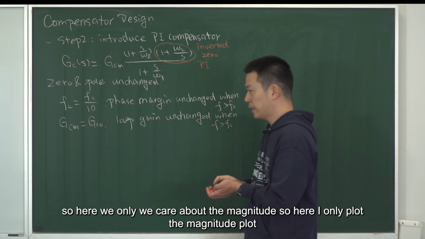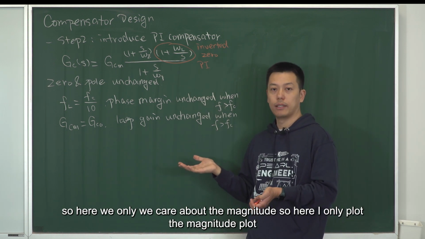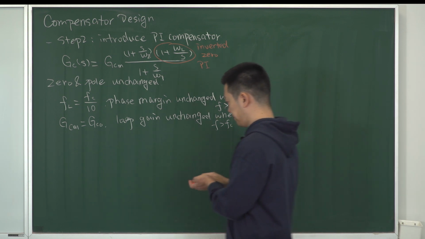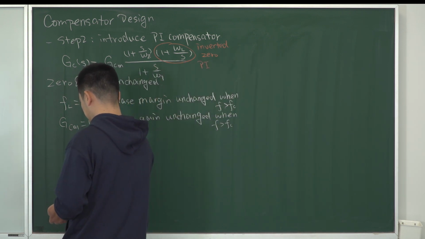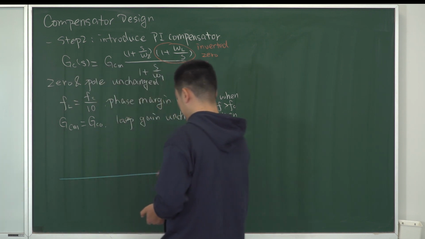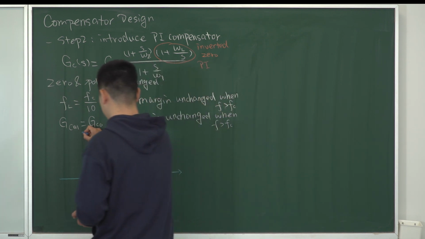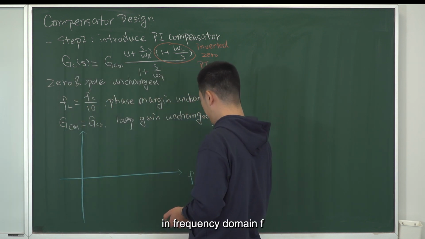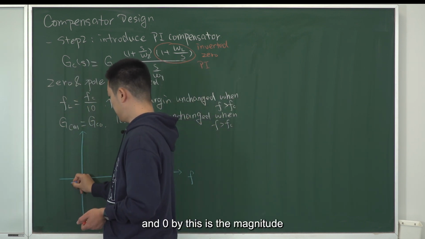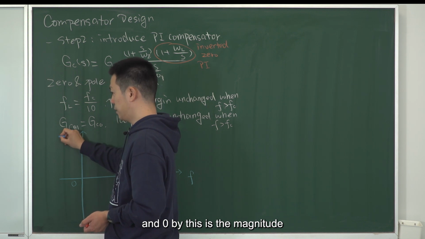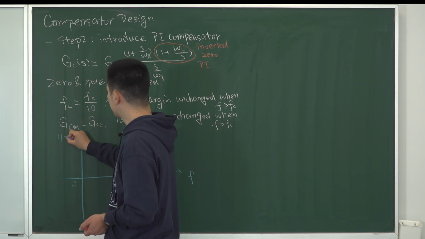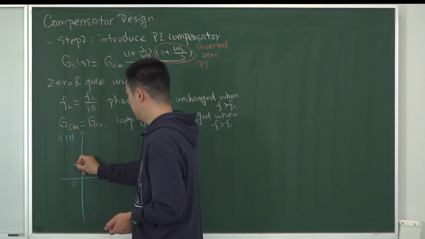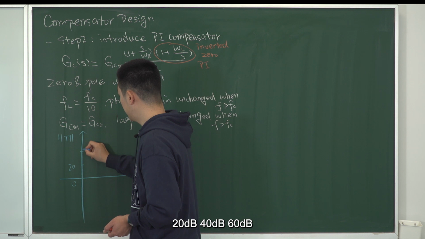So actually, we can plot the PID compensated loop gain Bode plot. Because we care about the magnitude, here I only plot the magnitude plot. In frequency domain f and 0, this is the magnitude: 20 dB, 40 dB, 60 dB.